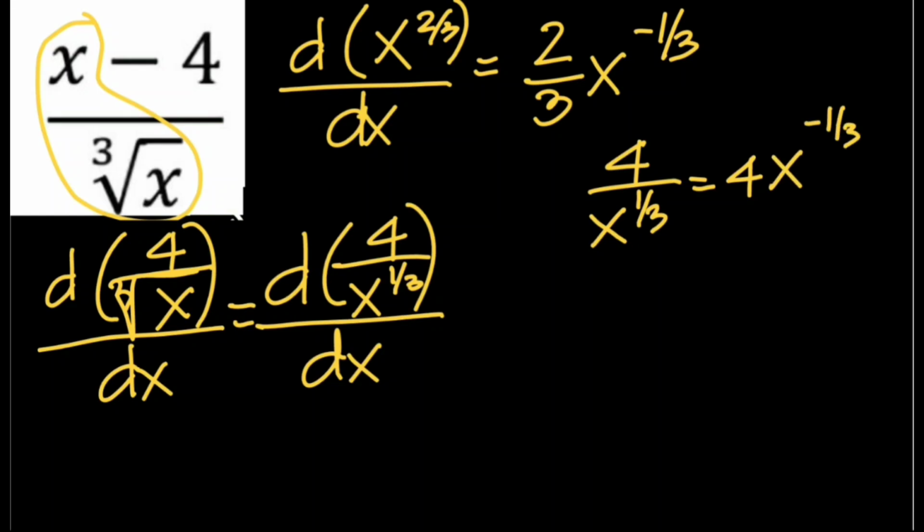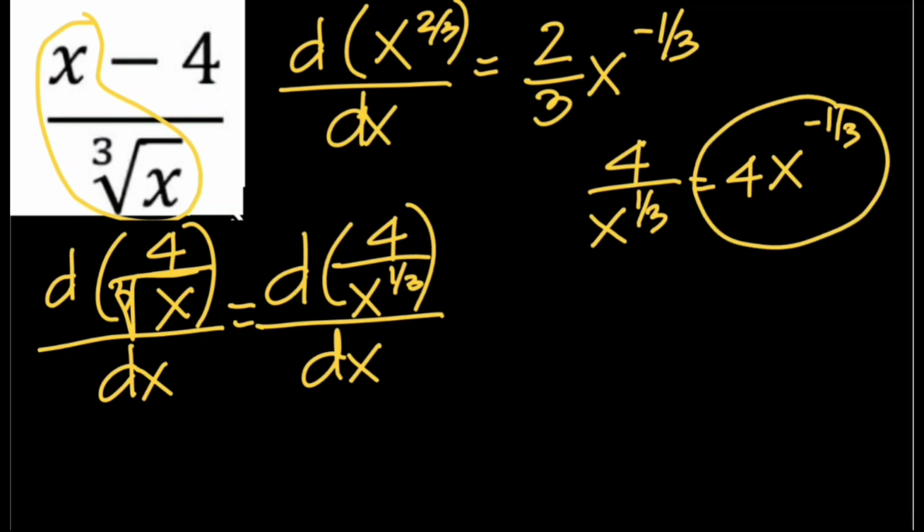Then we use the constant and power rule to derive it, or we can use the quotient rule, 4 over x to the 1/3. Which one is easier or more convenient for you? Let's just derive it this way.